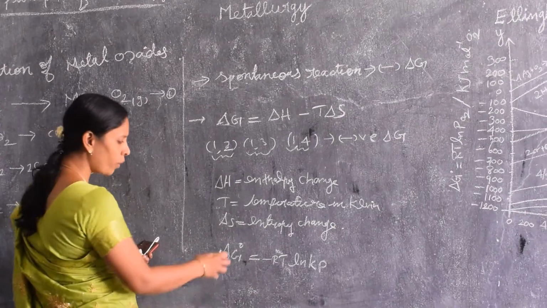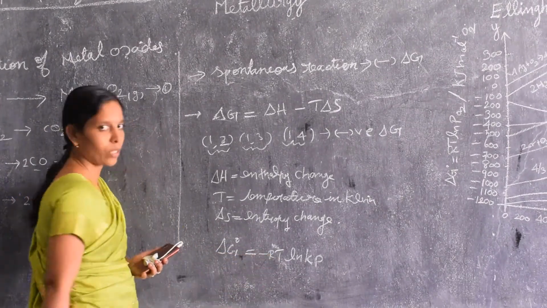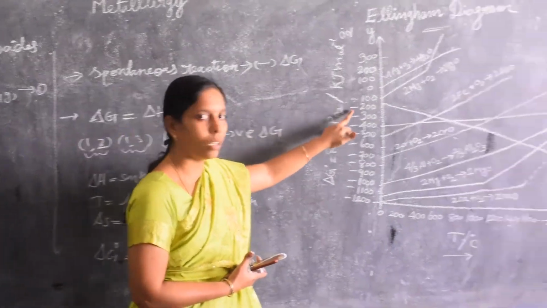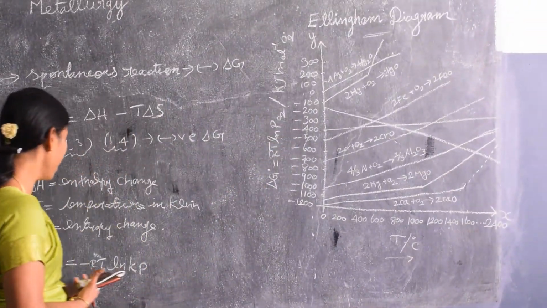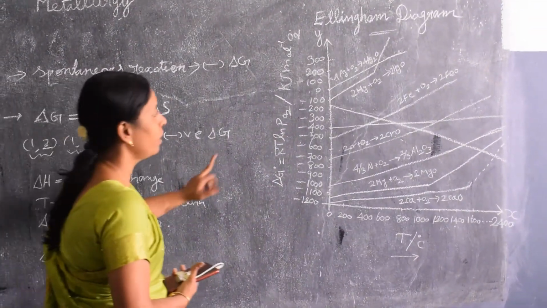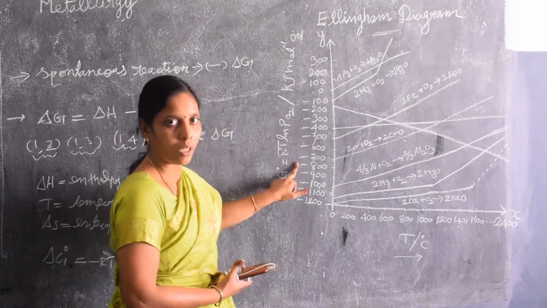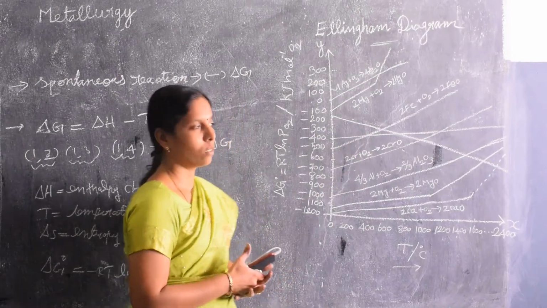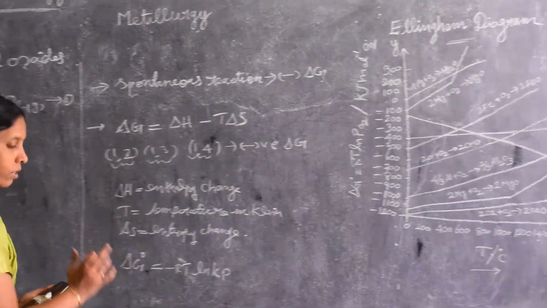Ellingham used this expression to calculate the delta G naught value for the formation of various metal oxides.